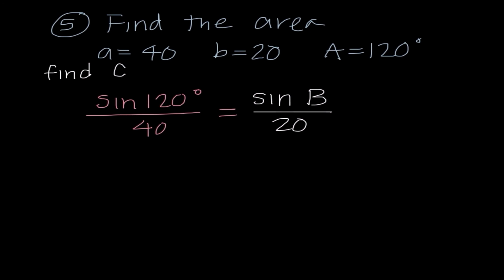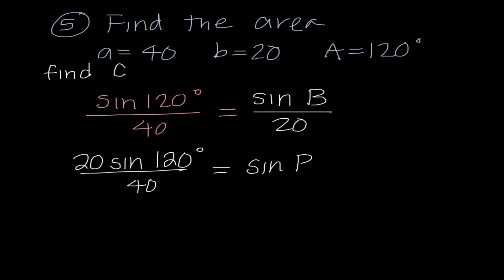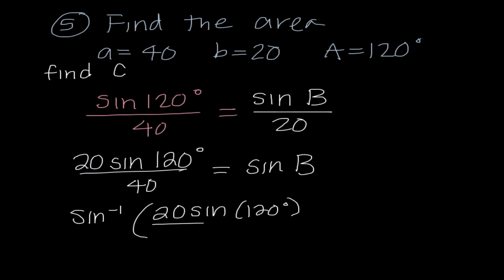So when I cross multiply and divide, I get 20 times the sine of 120 divided by 40 is equal to sine of angle B. So in my calculator, I'm doing sine inverse of 20 times the sine of 120 divided by 40. And I end up getting that angle B is 25.7 degrees.